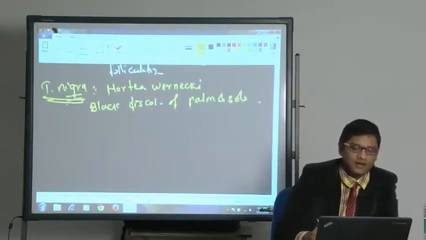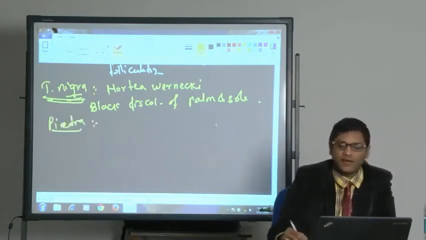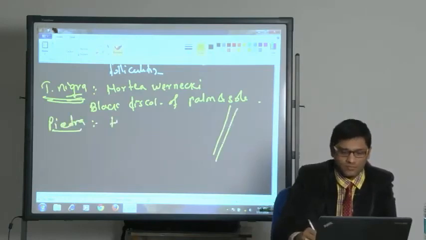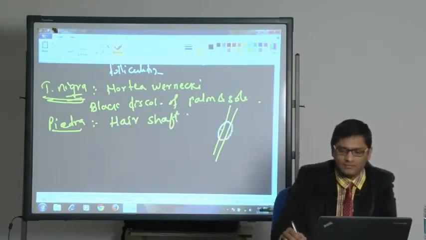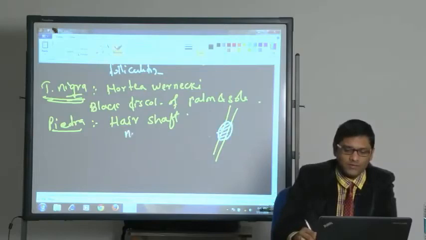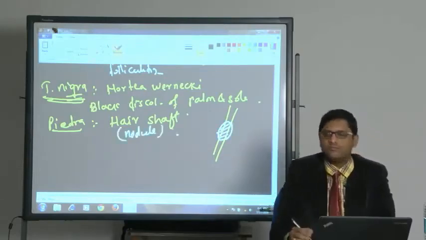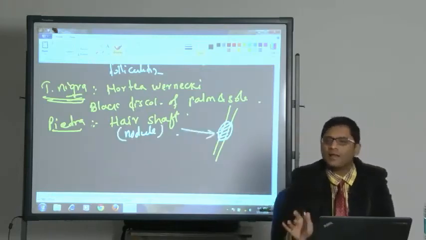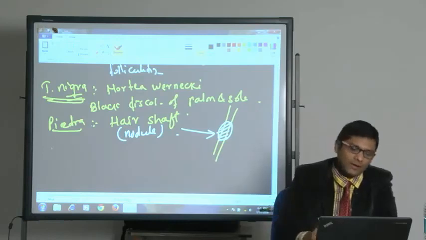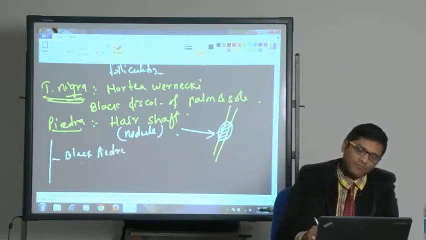In contrast, Piedra is the involvement of the hair shaft. There is formation of a nodule over the hair shaft, and the nodule could be black in color or white in color. Accordingly, Piedra is called black Piedra and white Piedra.